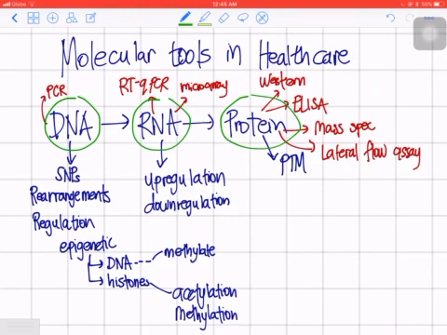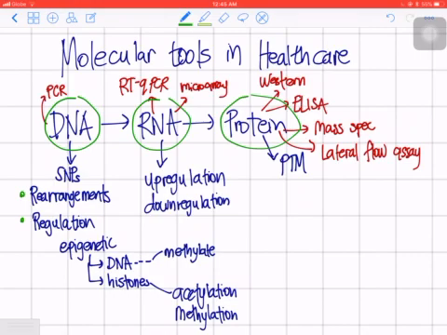You can also have rearrangements. So, rearrangements can be, for instance, rearrangements of chromosome 9 and 22 in chronic leukemias, right? And you can also have problems with regulation.